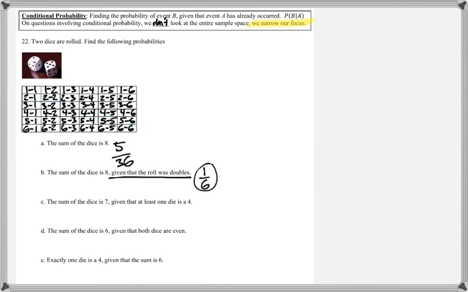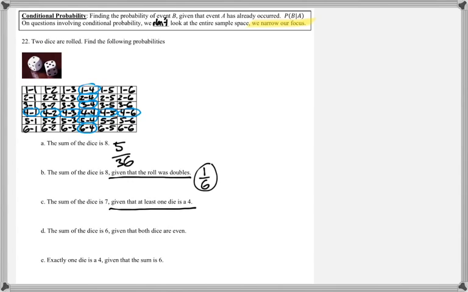For part C, it says the sum of the dice is 7, given that at least one die is a 4. So I don't want to look at all 36 options. I only want to look at the outcomes where at least one die is a 4. That would be the 4th row, as well as the 4th column.